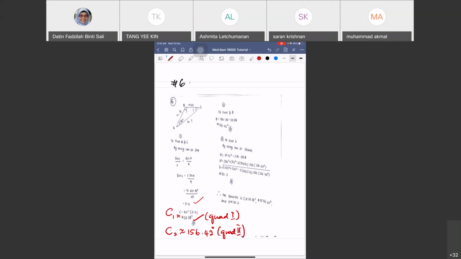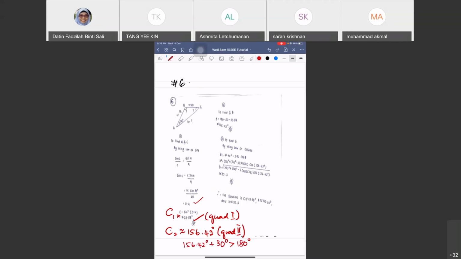Whether we consider C2 or not, then we try 156, add with the given angle from the question. The given angle is 30 degrees, right? Obviously this is greater than 180.